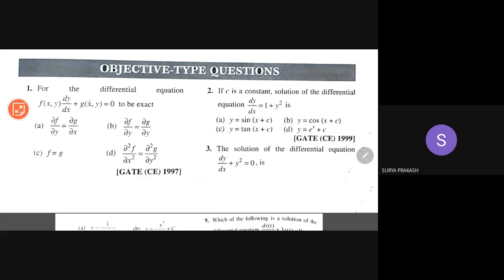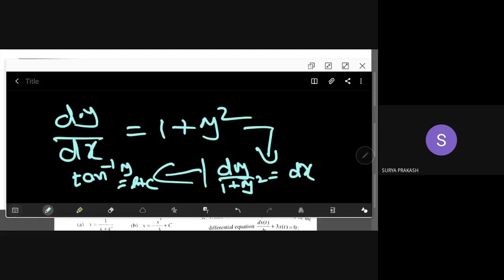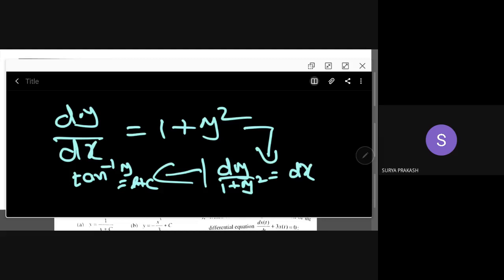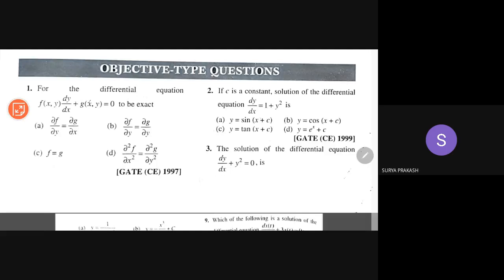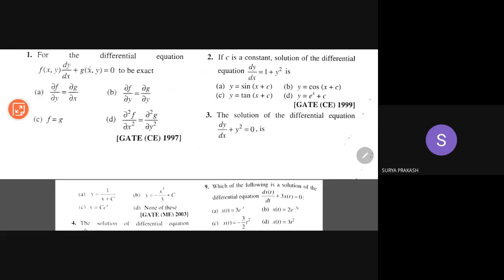The third one, the solution of the differential equation dy dx plus y square is equal to 0. Again, this is a separable equation. See here, most of the time separable equations will come. So you have y is equal to 1 by x plus c, etc. So this is a straightforward one.